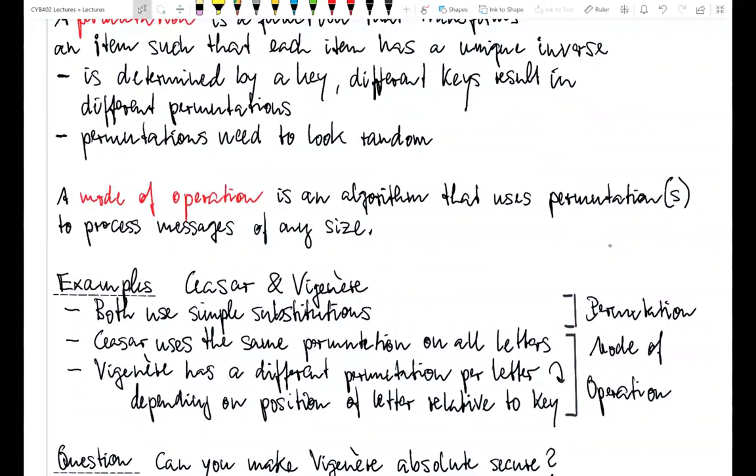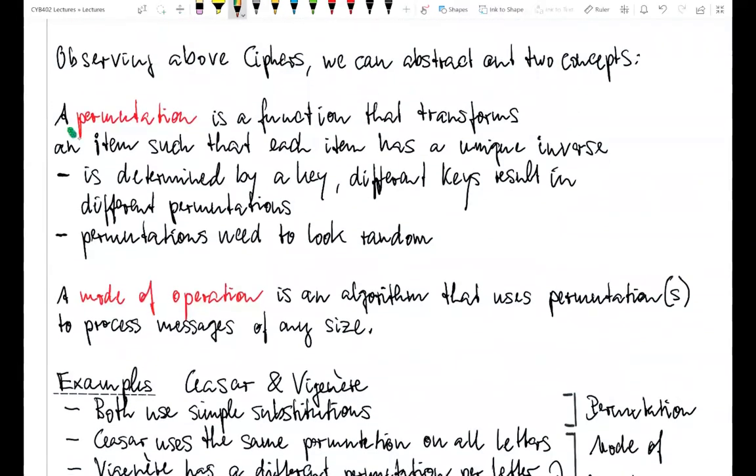An example that we are going to cover, permutations versus mode of operation, the most popular example is actually to look at AES, which is the Advanced Encryption Standard. And the Advanced Encryption Standard just by itself provides for an incredibly secure permutation.